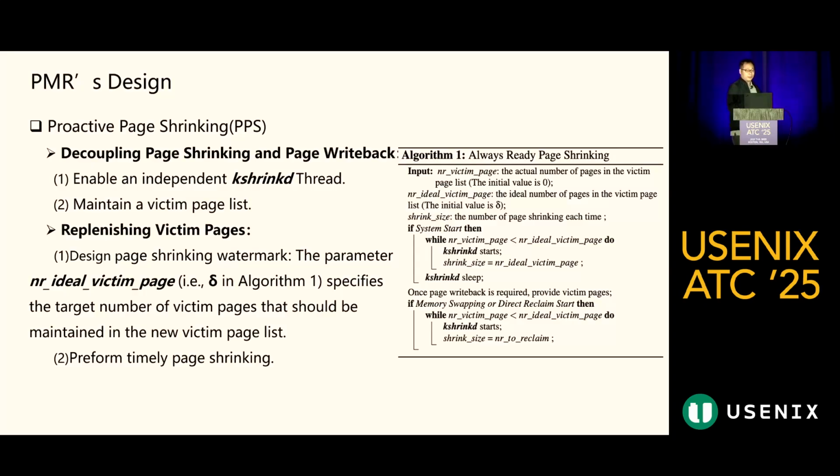So for the first one, we propose the proactive page shrink. It decouples the page shrink step and the page writeback step using an independent daemon. Then we maintain a victim page list, and we use a page shrinking watermark to make sure there are enough pages for writeback.